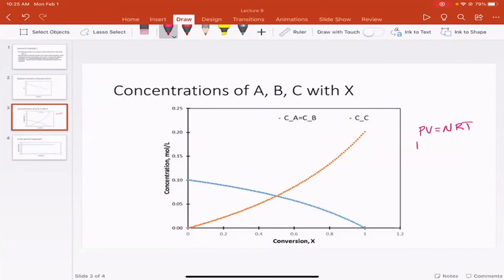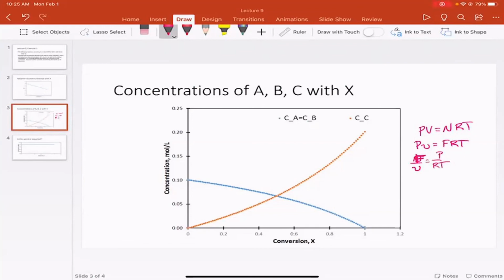P equals F times RT, right? And if you think about what's happening inside of our reactor, well, the concentration is just like N over V, or F over V in this particular case. And so as the number of moles are decreasing, the volumetric flow rate is also decreasing, right? So F over V ends up just being P over RT.